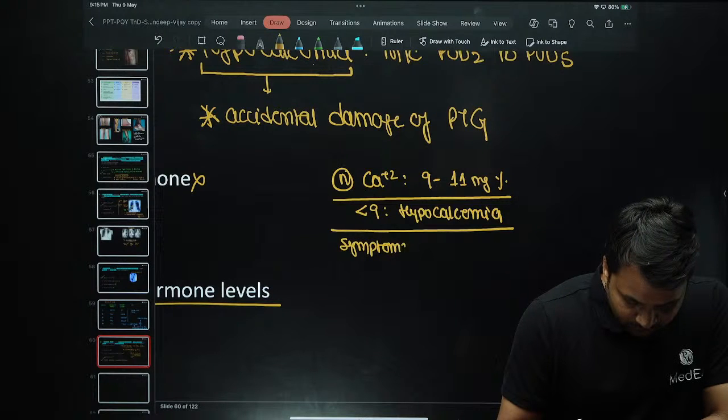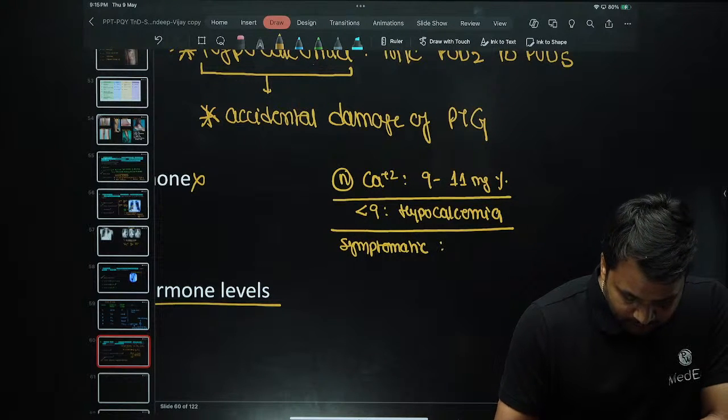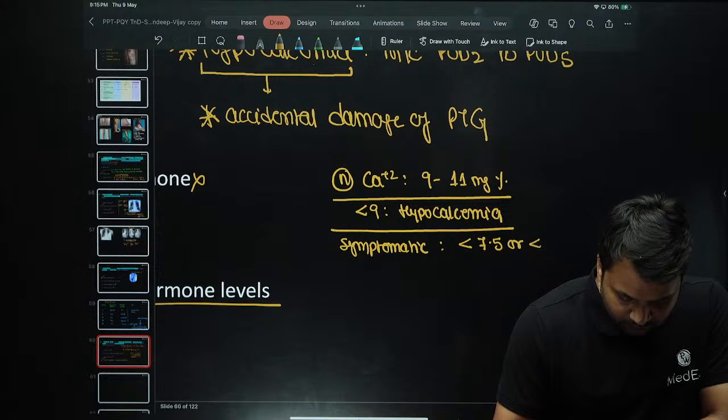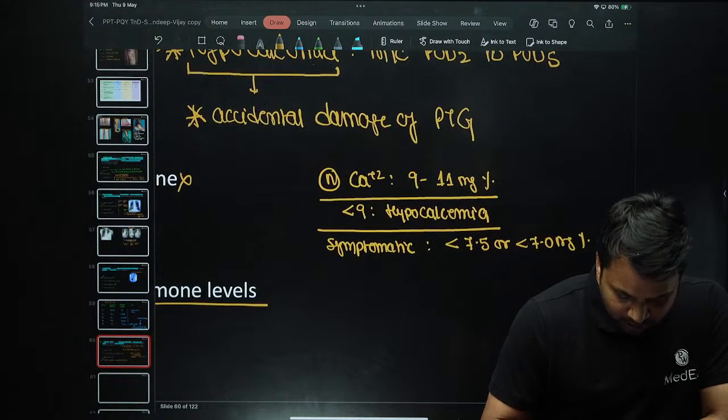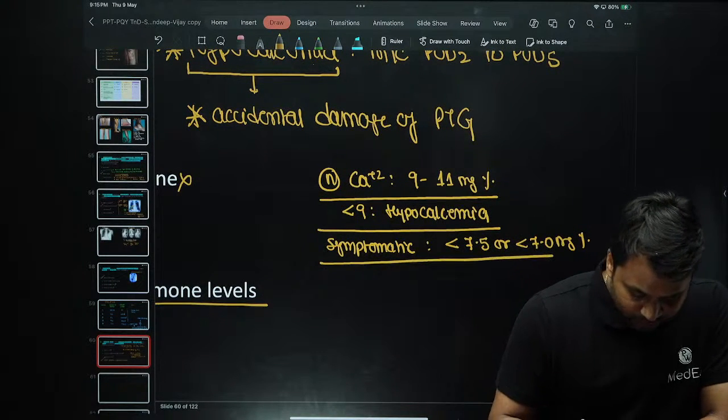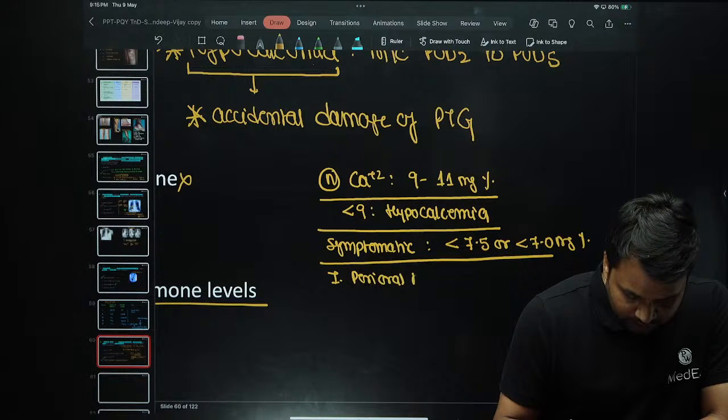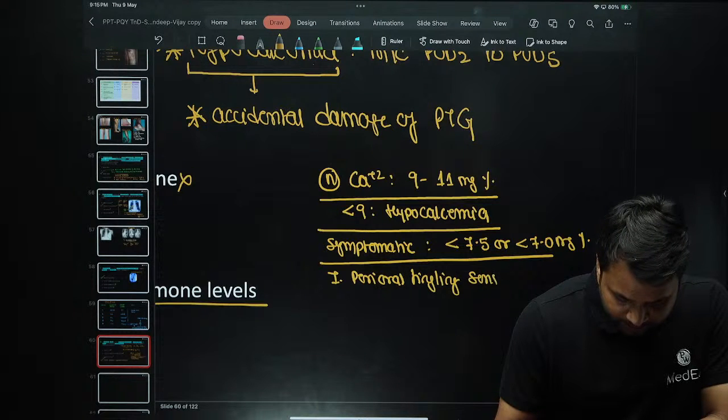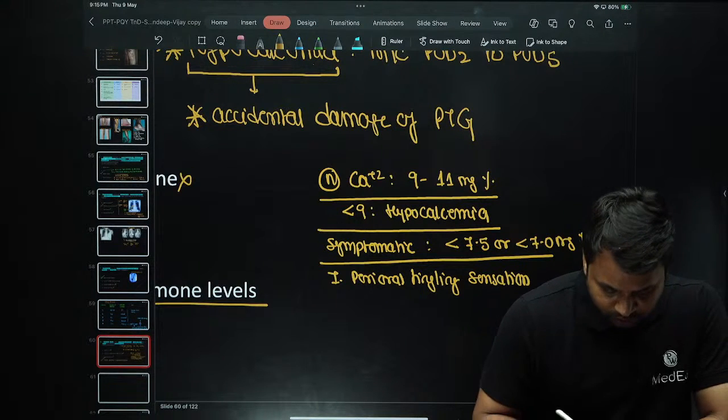For symptomatic hypocalcemia, some textbooks say less than 7.5 or less than 7 milligram percent. The earliest, the first symptom to arise is going to be perioral tingling sensation or numbness.